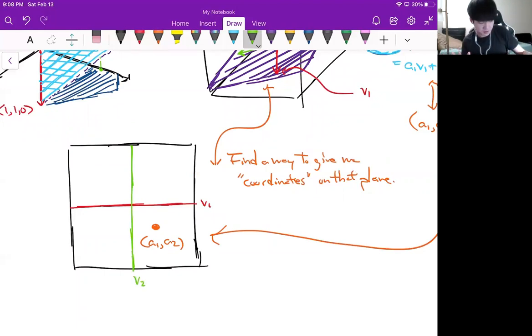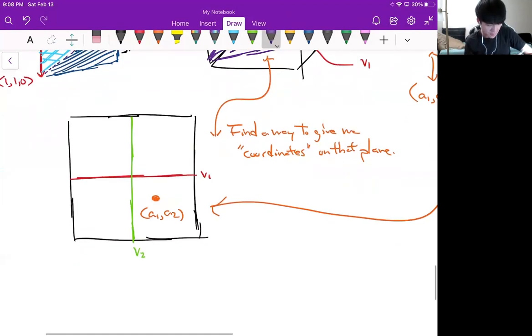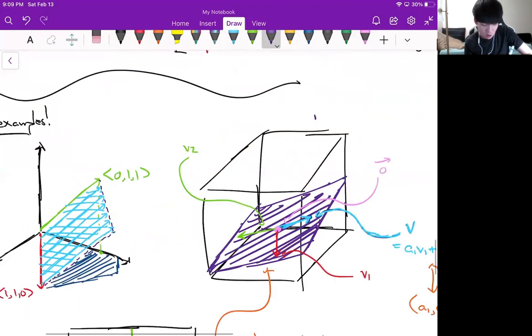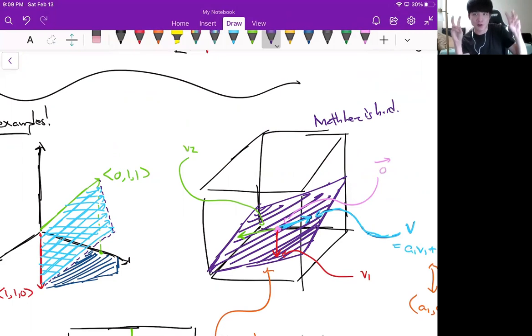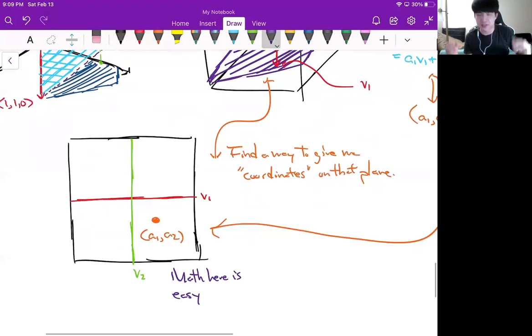So then math here is easy. Math here is hard. The idea is you want to find a spanning set so that you can spell all of your vectors with these coordinates. If you have coordinates, you can study what happens on just this plane.